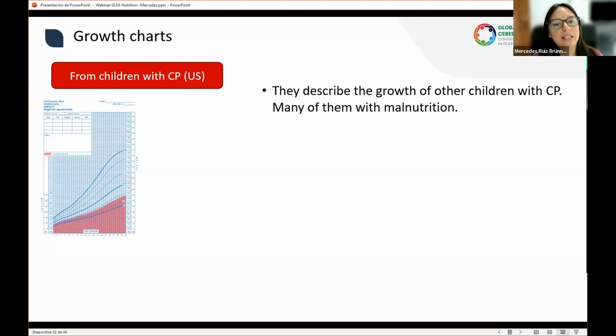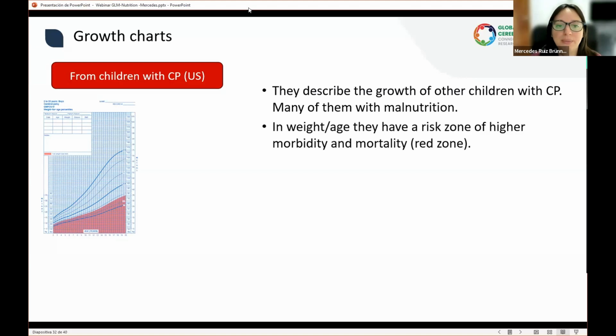They used all the data set that they had in the clinical histories, even data from the 80s, so they didn't really know if the height was taken properly or not. The weight, they know that it was okay because they had proper scales for that, but they only describe the growth of children with CP.